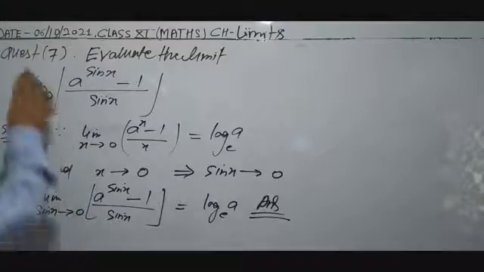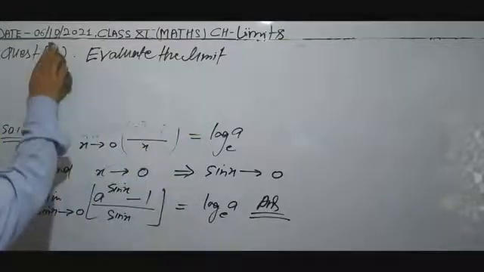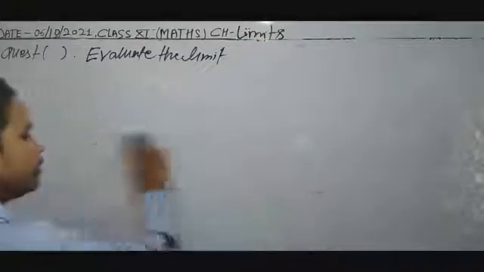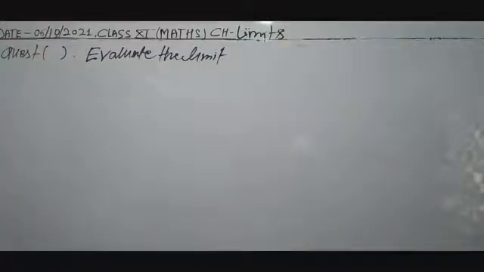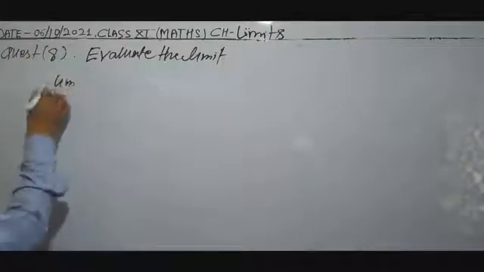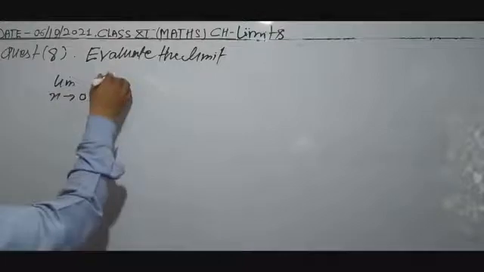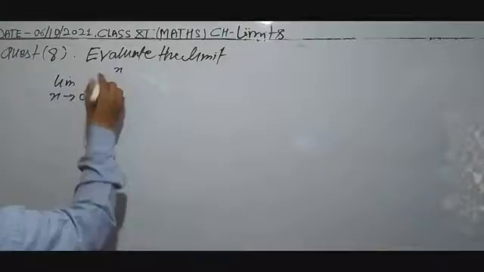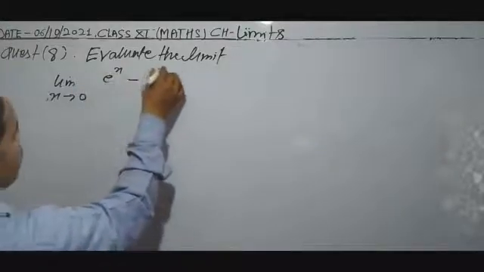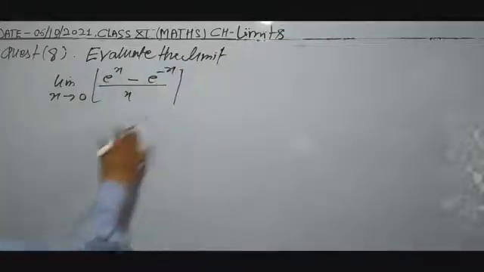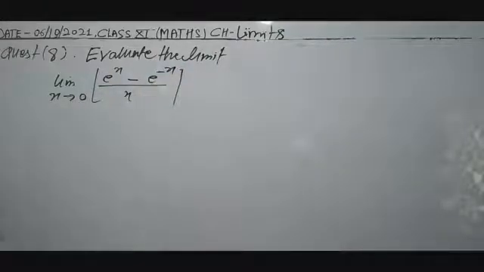Question number 8 is limit x tends to 0, e to the power x, this is e, minus e to the power x whole upon x. We have to evaluate this limit. Now see the solution.